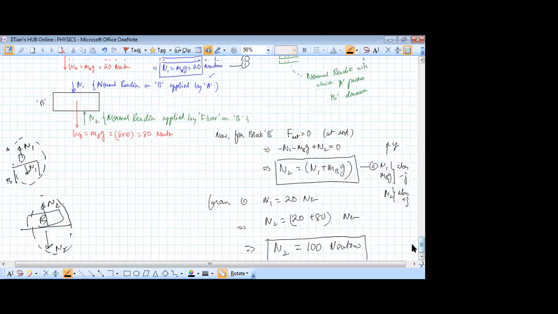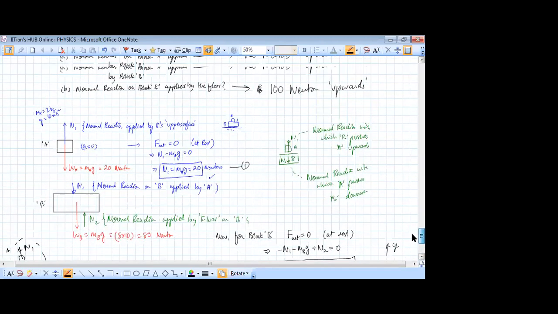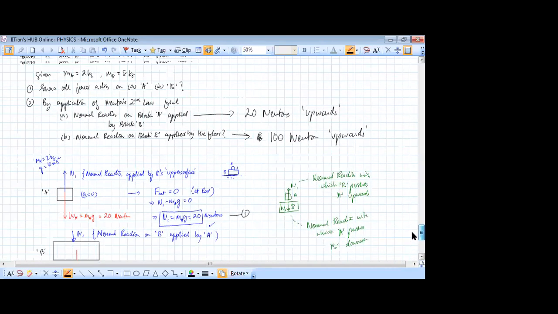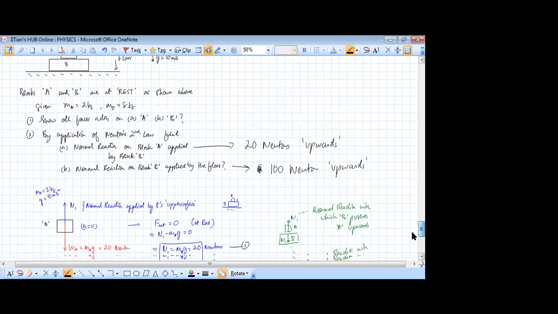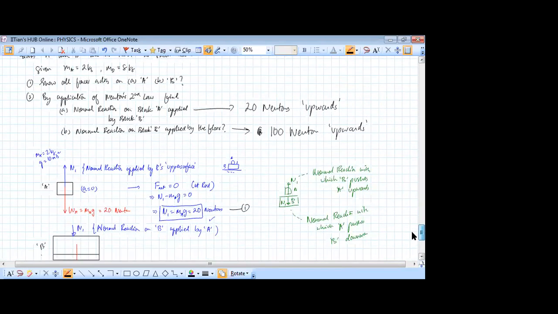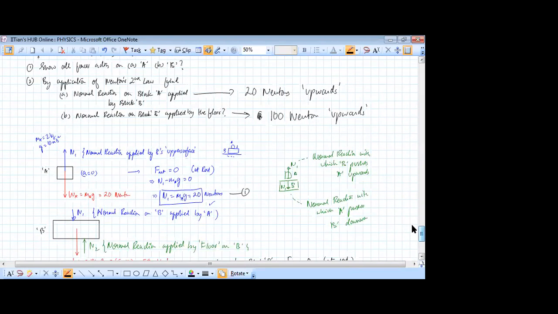So this is something you have to be very careful about. Understanding who is applying the force and who is experiencing the force. Okay, so go through each of the diagrams carefully.